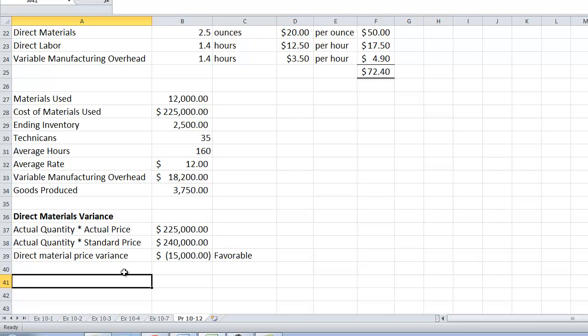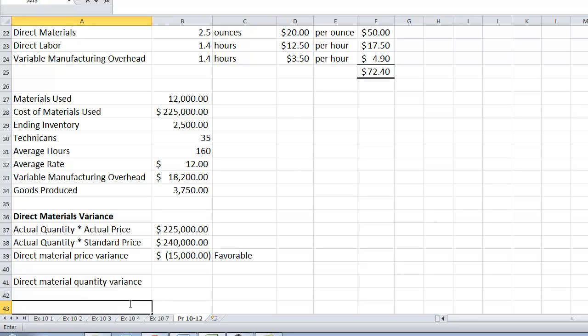Now let's do the quantity variance. We'll take actual quantity times standard price, and we calculated that above.